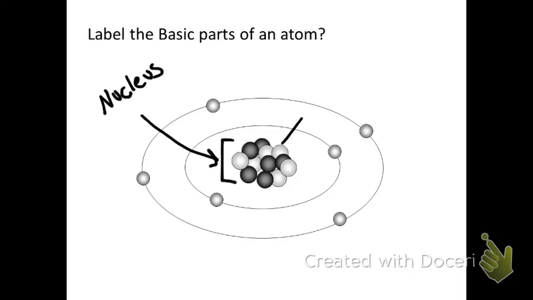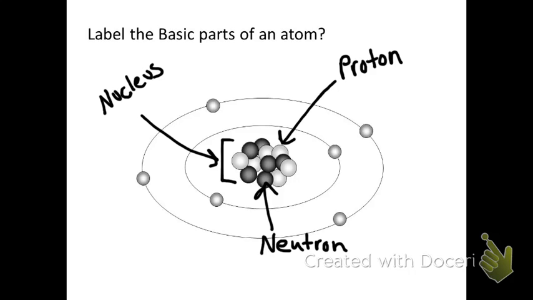And so we can use this to identify a proton, and the other one here we'll label as a neutron. Alright, and outside around the nucleus are the electrons. Here is an electron.